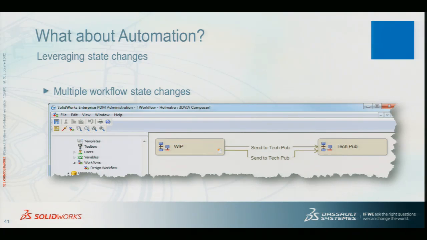The next item that we've done here is to add an additional transition by having a secondary parallel transition from one state to the next in my workflow. It allows me to filter on specific conditions as to whether or not I want that item to occur.